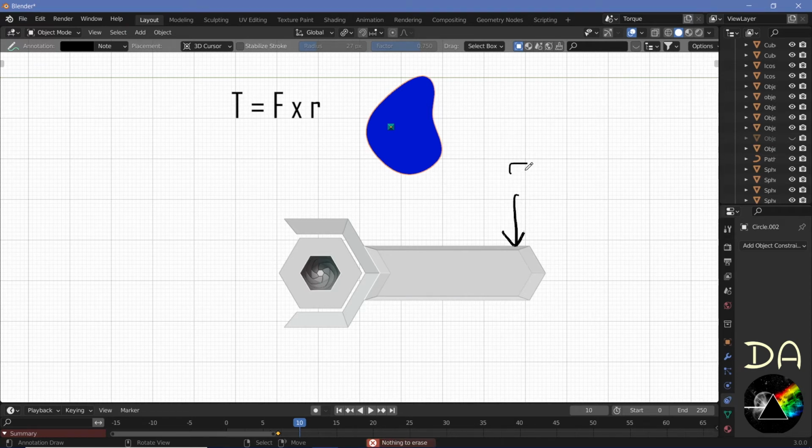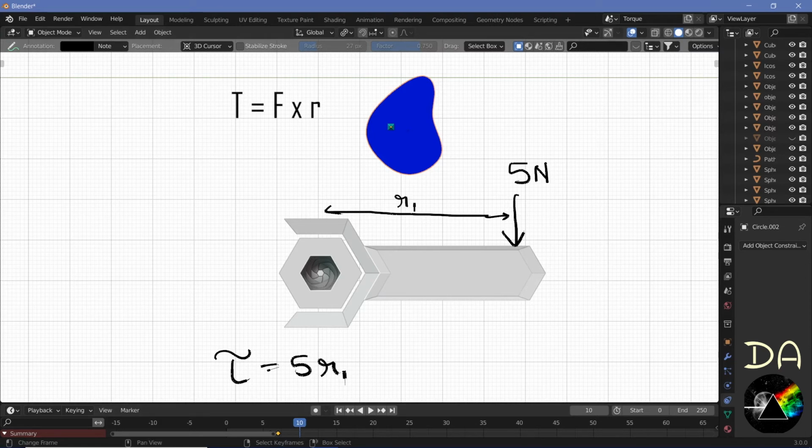All right, so we have 5 newtons of force acting. And this is where we can put it. We're going to have some distance, let's say R1, and the total turning effect or torque is going to be those 5 newtons into R1.